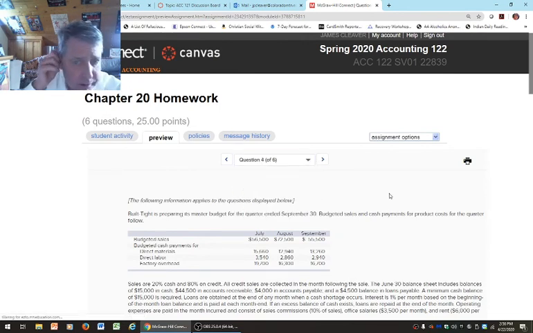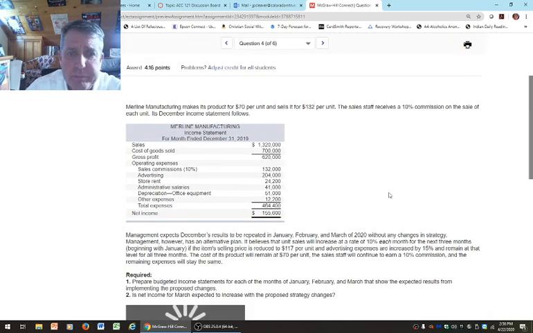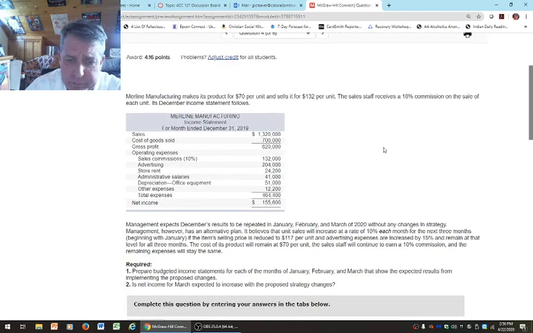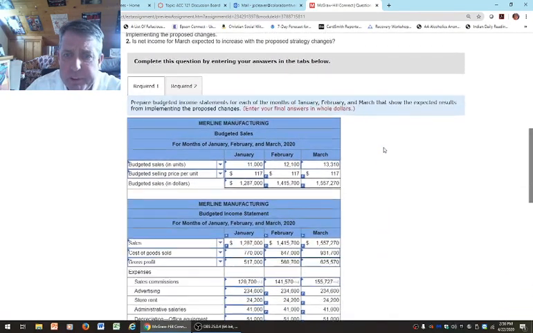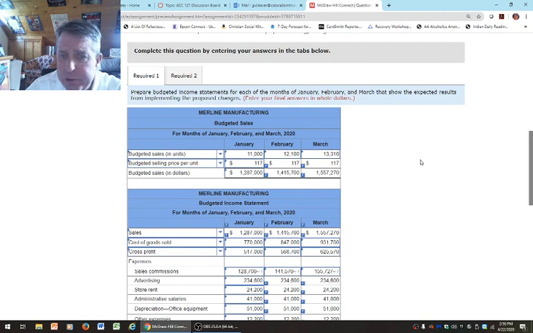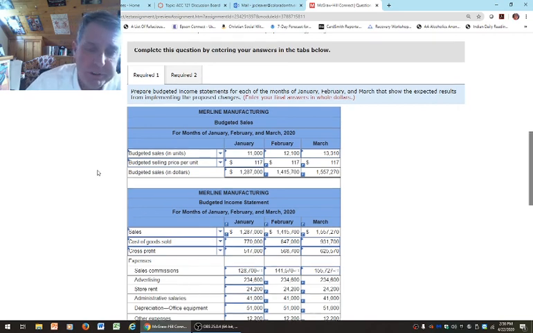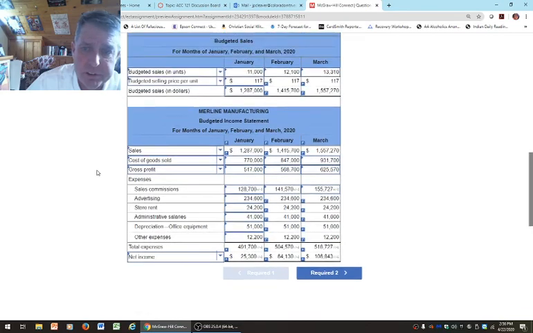Number 4. Here's budgeted sales. Now, if you ever start a business and you start putting together what I call pro forma statements, financial statements, this is what you'll do.